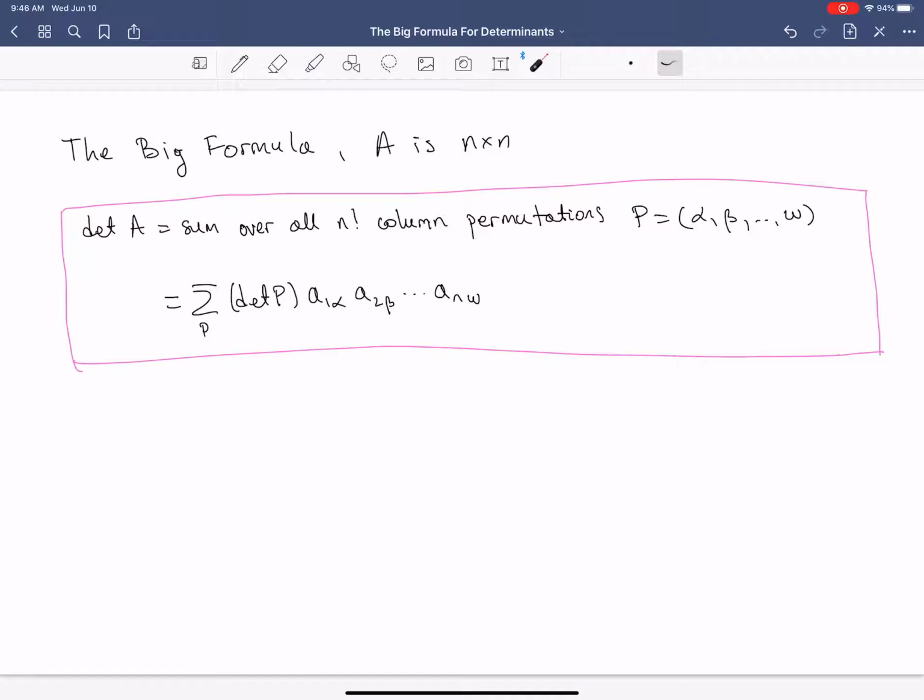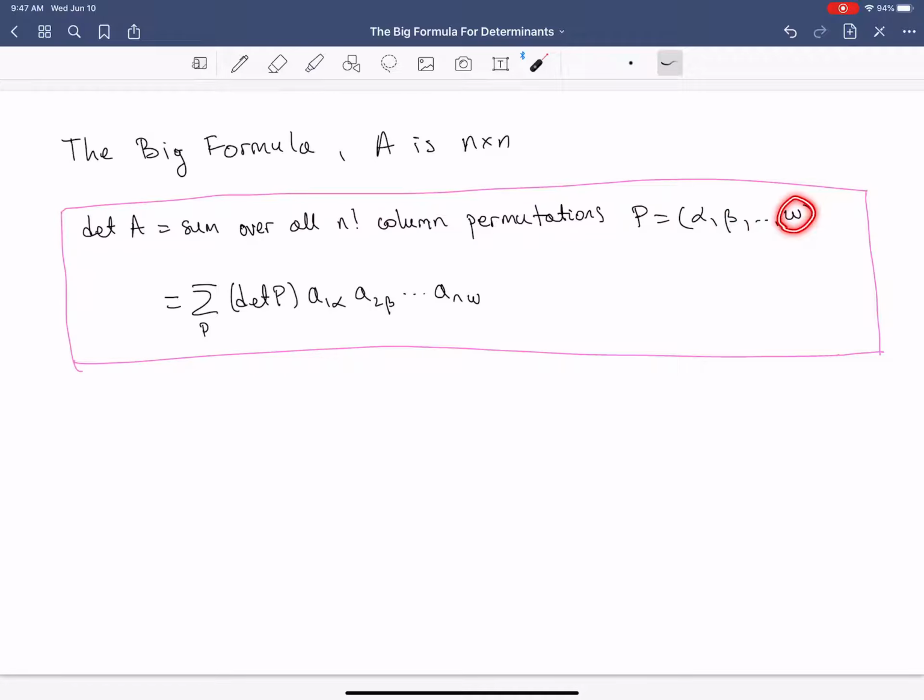So you see, this says sum over all permutations P. This P tells us from which column. So alpha, beta, omega, you see them here. The first one is for the first row and alpha column. Then this beta says take a term from the second row and beta column.